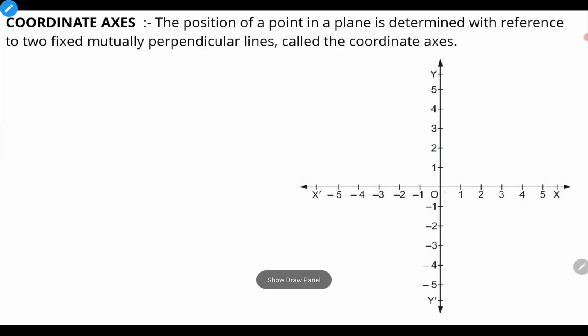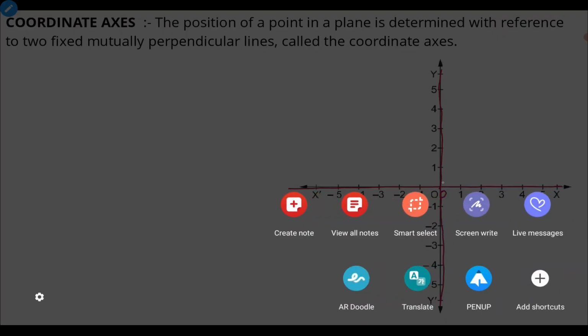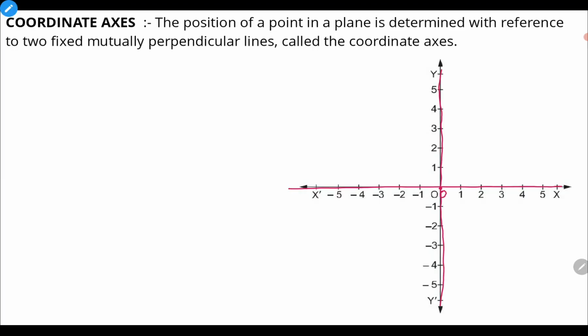At this point, the value of x and the value of y is 0. You can see this is a number line and this is the 0. And if you see from up to down, this is also a number line going in this direction, and this is a 0. So at this point, both x and y are 0. Okay.